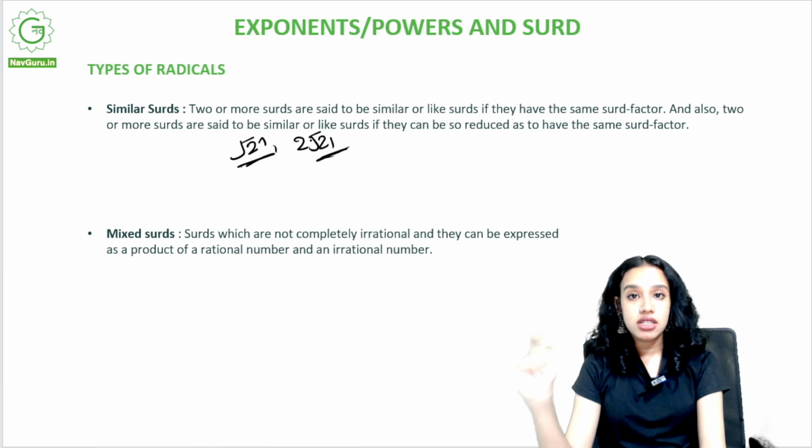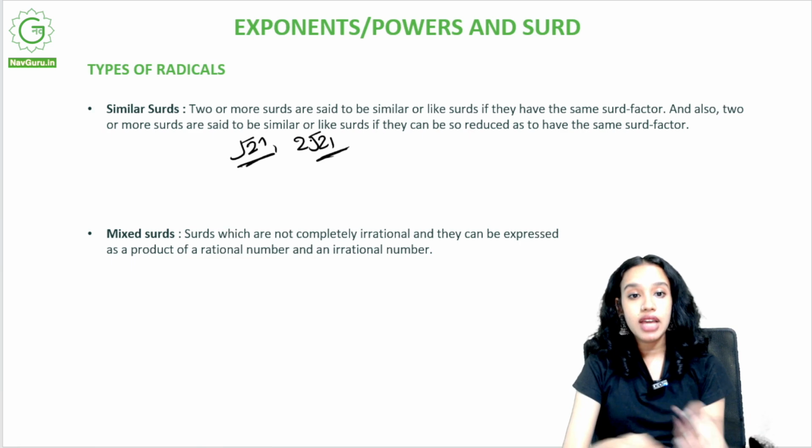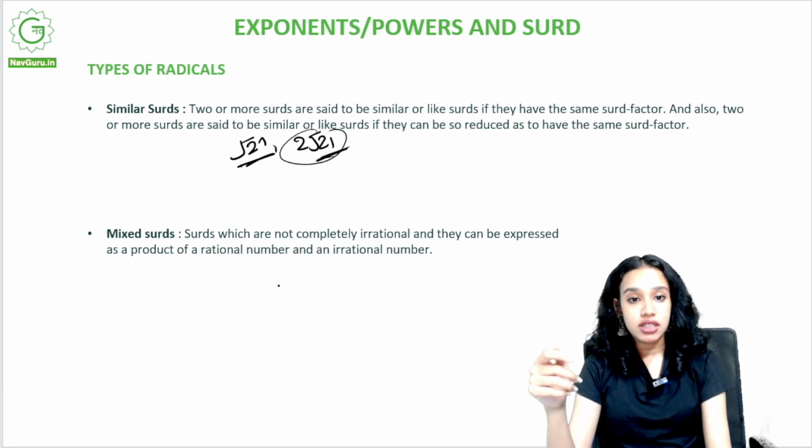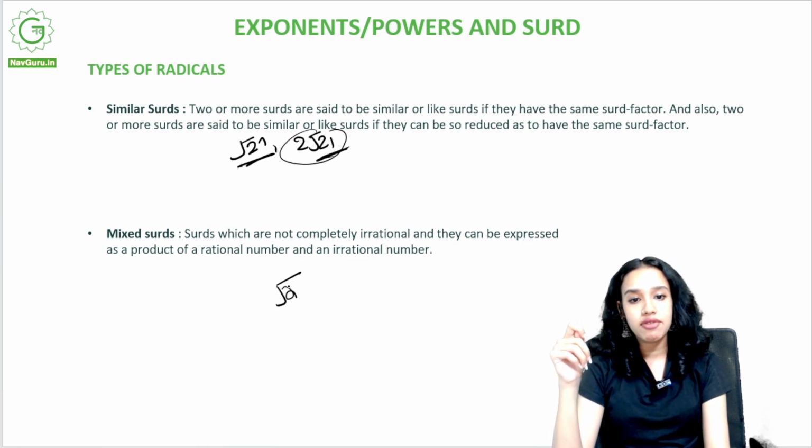Now we have mixed surds. Surds which are not completely irrational, that can be expressed as a product of a rational number and an irrational number, are called mixed surds. That is, if I have, let's say, root 8, okay?